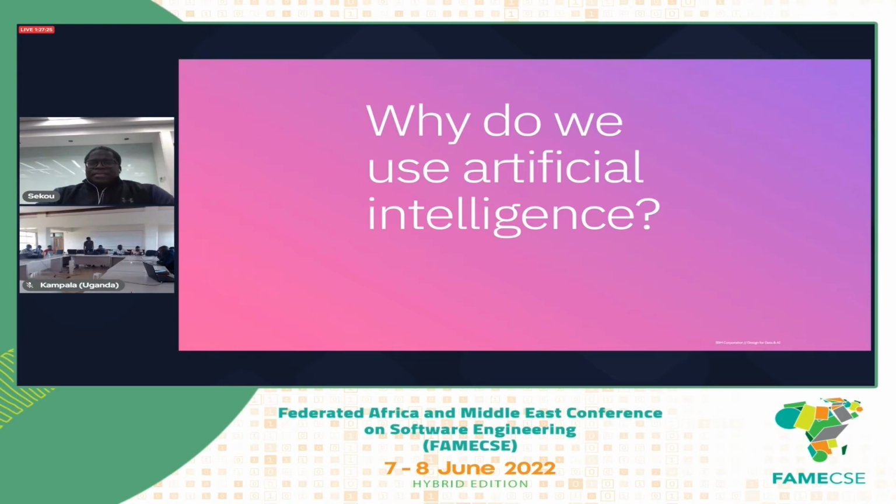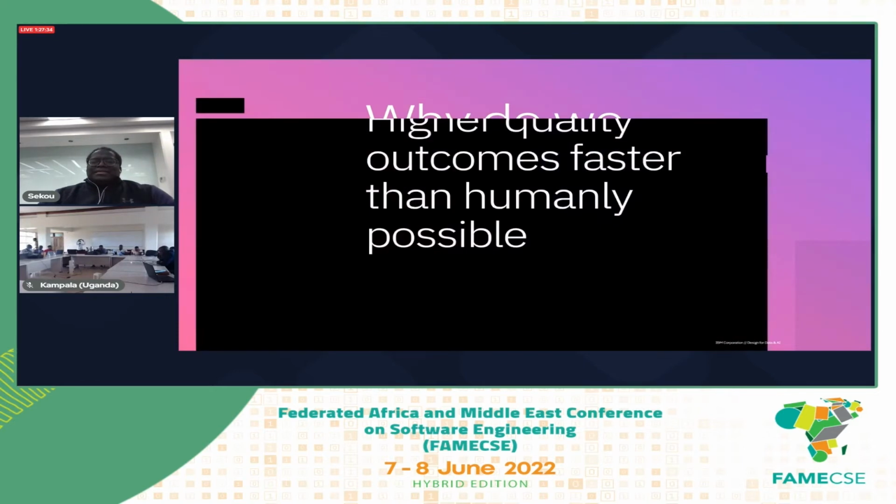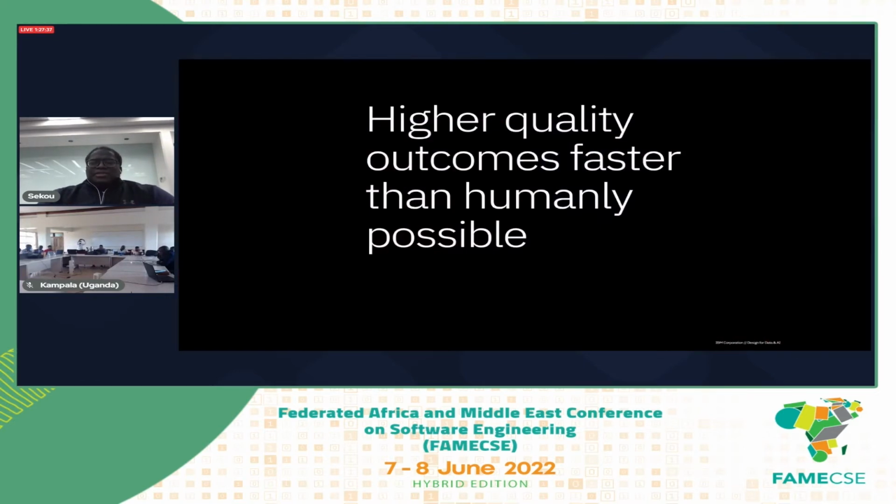However, I think that if we were to have a coherent conversation on the topic, at the end of the day, the reason we generally come to the AI discourse is so that we can achieve higher quality outcomes in times that are faster than humanly possible. The idea is that AI allows us to scale superhuman performance in some principled manner. At least that's the dream, and that's the dream that we seek to have in a variety of use cases.